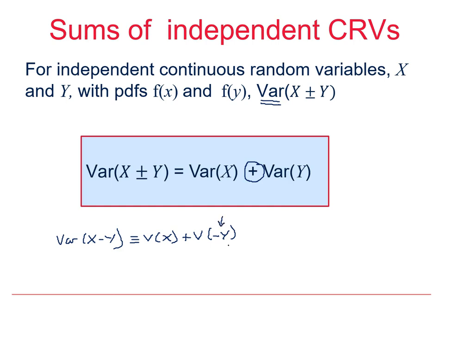They are always positive, so it doesn't matter whether our data is positive or negative. The distances the data are away from the mean are going to be squared, and they will be exactly the same. So the variance of x minus y is the variance of x plus the variance of y.